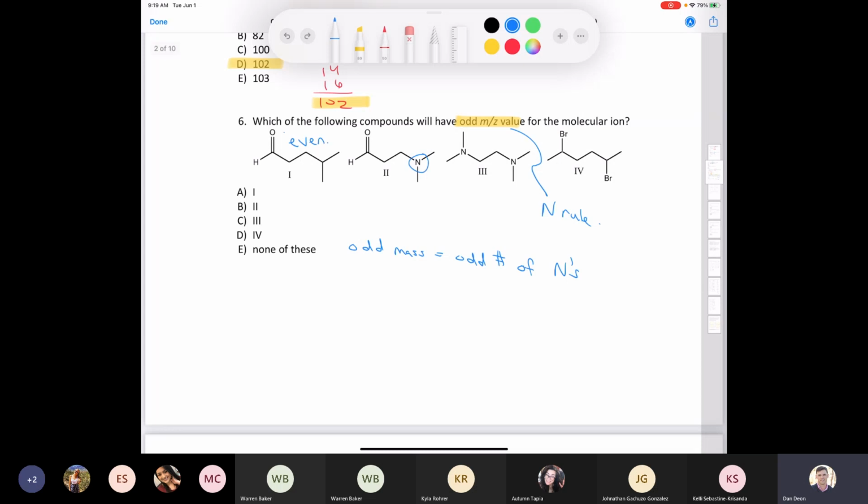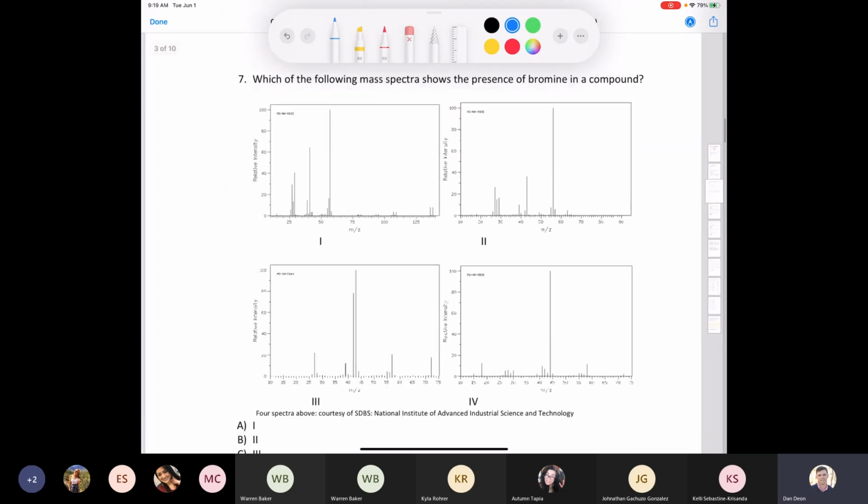This one has an odd number of nitrogens, therefore it's going to have an odd mass. This one has 2 nitrogens, therefore it's going to have an even mass. And this one has no nitrogens, therefore it's going to have an even mass. And so the answer is number 2, the one with the odd number of nitrogens. 1 is an odd number, and therefore it's going to have the odd value for its molecular ion.